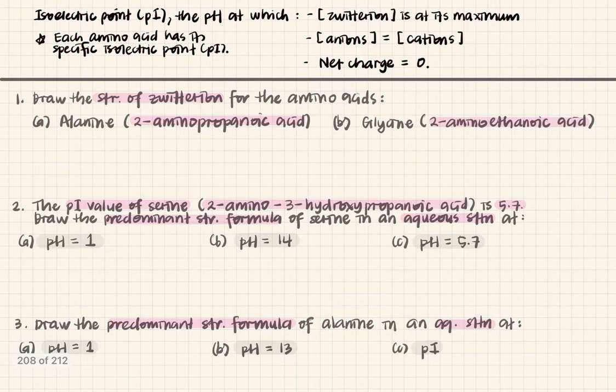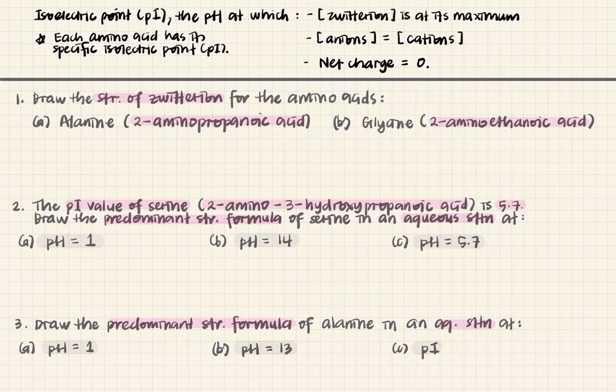Okay. But there is a point when your pH is called the isoelectric point. When is that? That is when the concentration of your zwitterion is at its maximum. So that means that between anions, cations and zwitterions, the zwitterion is the most abundant.